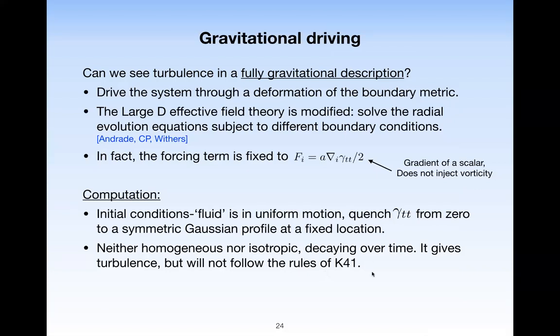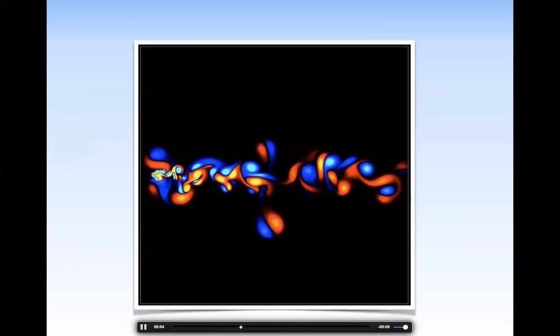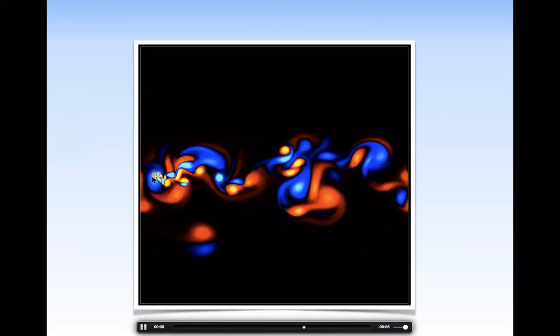And this is how the simulation looks. So here, this is X and this is Y. This is my domain once again. I'm plotting vorticity. So at t equals 0, the vorticity is everywhere 0. And then I turn on this quench.